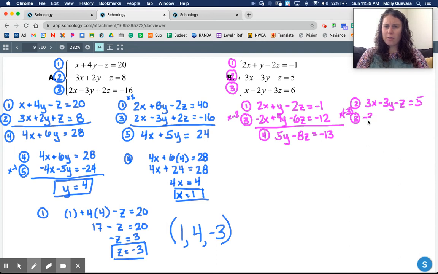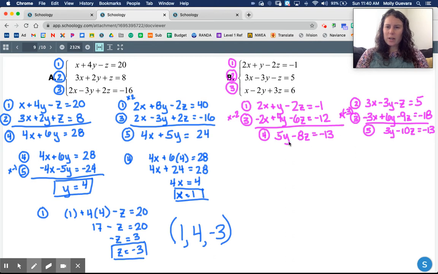So I have negative 3x plus 6y minus 9z equals negative 18. The x's eliminate, and I get 3y minus 10z equals negative 13. And that's going to be my equation 5.